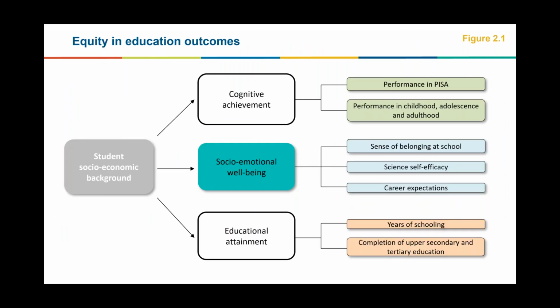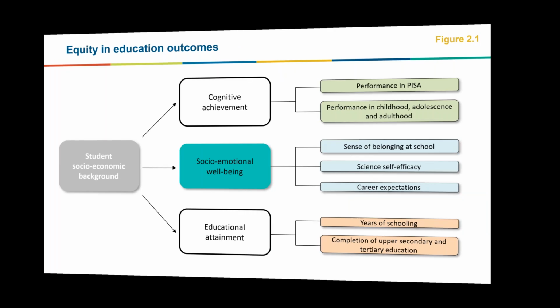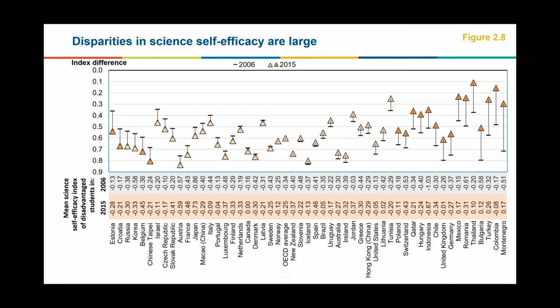Let's add to this the aspect of social emotional well-being, sense of belonging at school, student self-efficacy, and career expectations. We studied those as well, and the first thing that we actually see is that it's not only that learning outcomes depend on social background, but also students' sense of control, their growth mindset, their capacity or their belief that they can overcome difficulties.